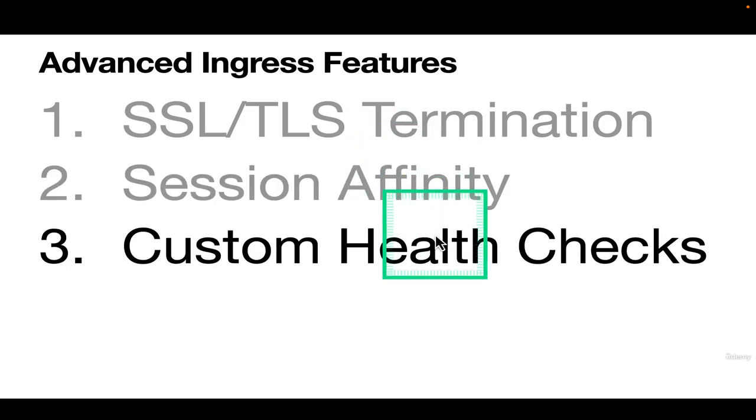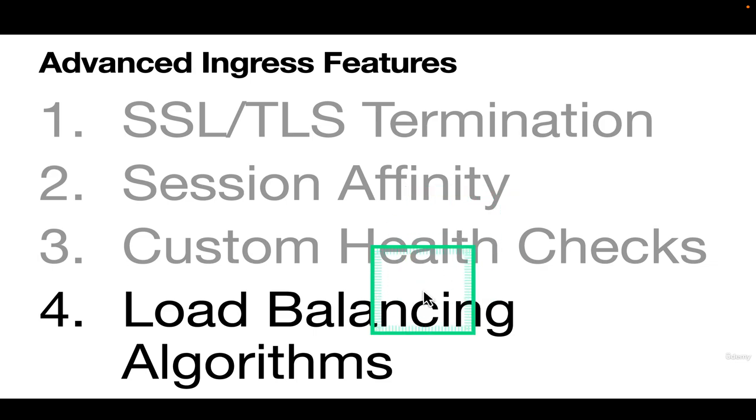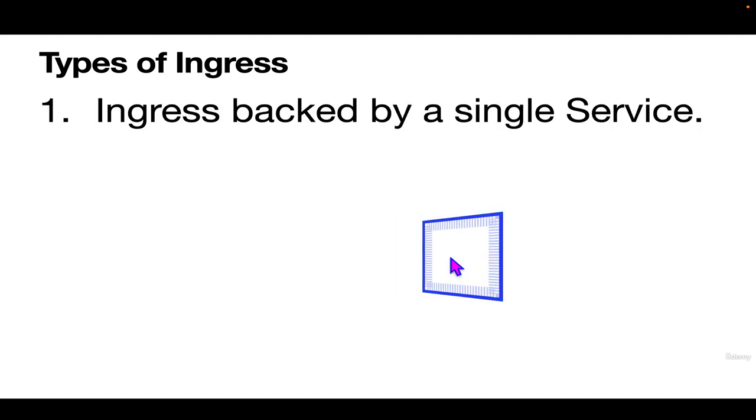Custom health checks can be configured on some Ingress controllers, providing more flexibility than Kubernetes standard readiness and liveness probes. Some Ingress controllers support sophisticated load balancing algorithms, allowing the distribution of requests to be optimized for the specific needs of your application.